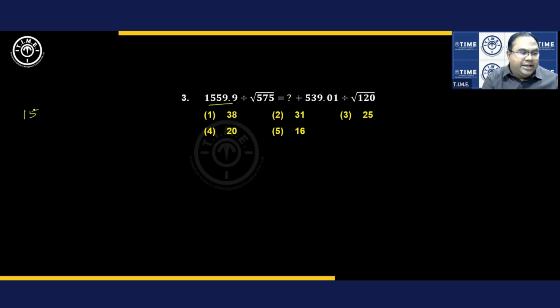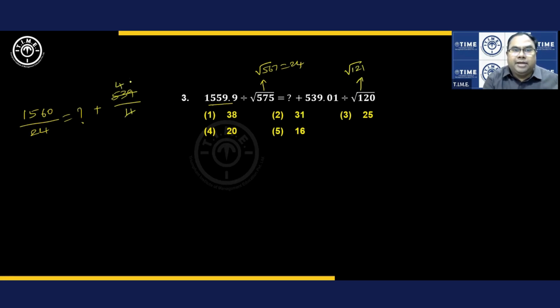1559.9. So I can write it as 1560. 1560 by root 575 can be taken as root 576, that is 24, is equal to question mark plus 539 divided by root 120 can be written as root 121, so 11. 11 4s 44, 11 9s, 24 6 144, 24 5s.